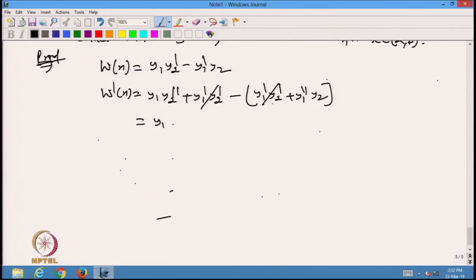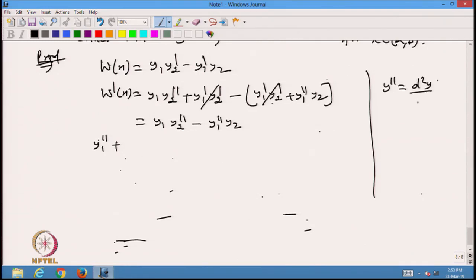So from here I will get y1 y2'' minus y1'' y2, and I know that because y1 and y2 are the solutions of the equation, y1'' plus p(x) y1' plus q(x) y1 equals 0. Here I just want to tell you that y' can sometimes also be written as dy/dx, to make it easier to write.